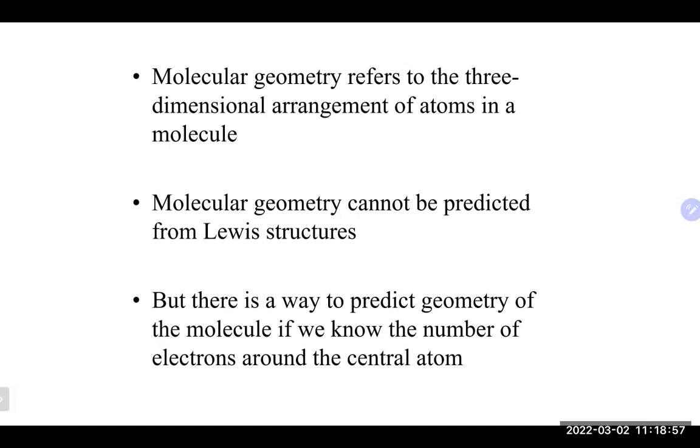If we draw a correct Lewis structure, you can determine that. When we do molecular geometry, it's always about the center atom. The one in the center is the most important one for determining the overall shape of the molecule.